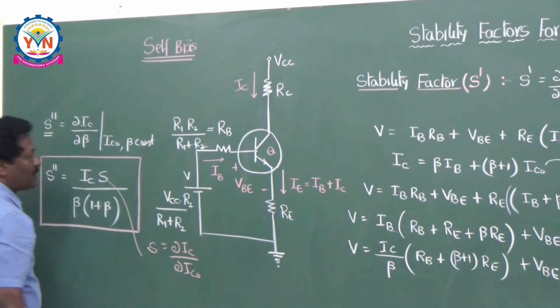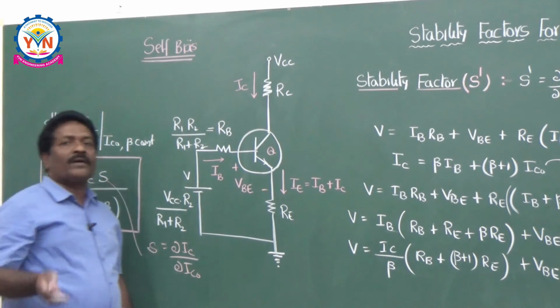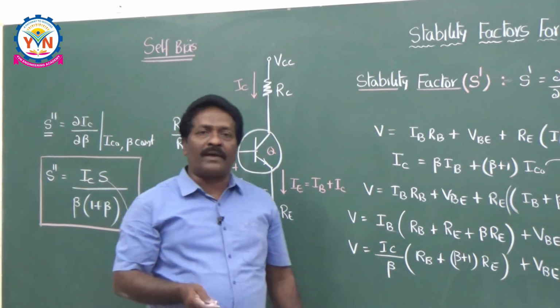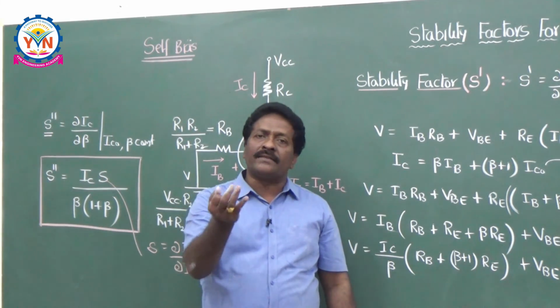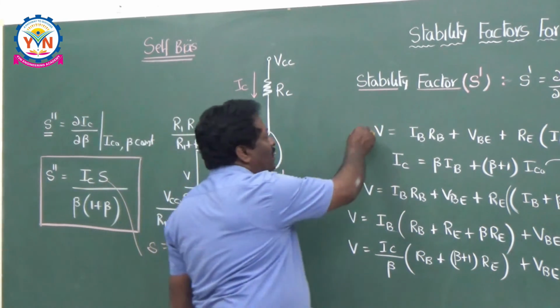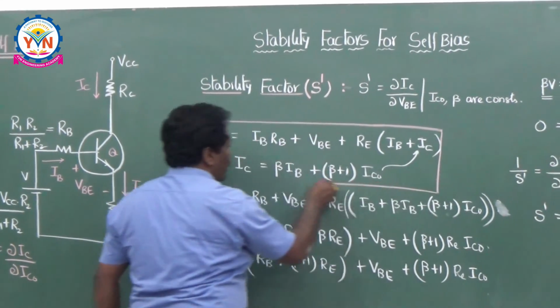Already we got this. So this is the way of calculating the third stability factor. So in this class, we have calculated the three stability factors for the self-bias: S, S dash and S double dash. This is the basic equation you have to use for calculating all these stability factors.